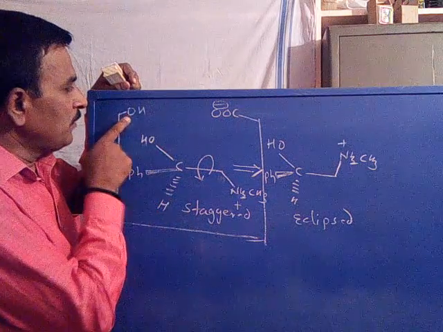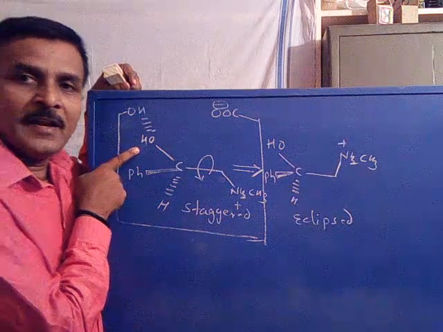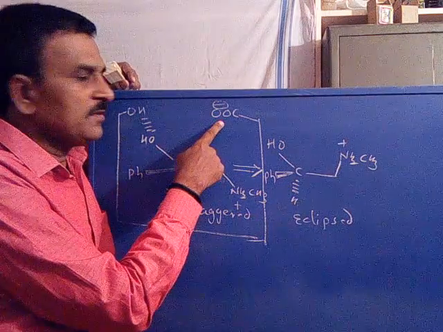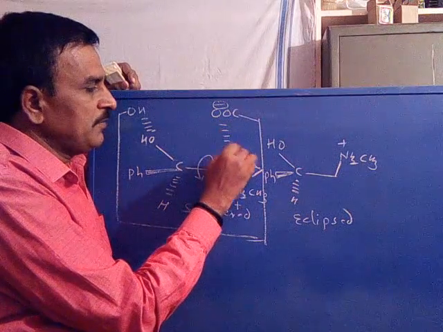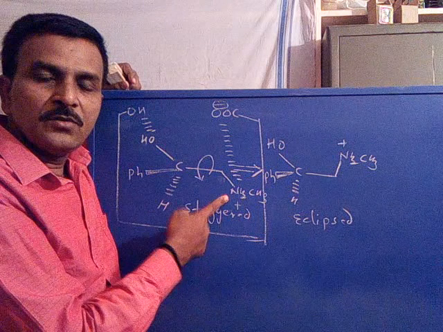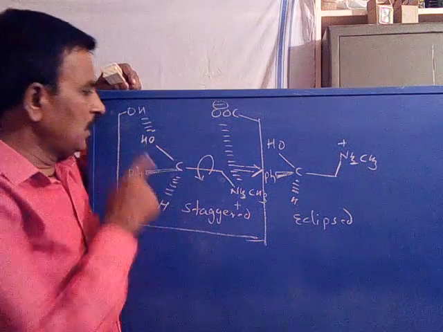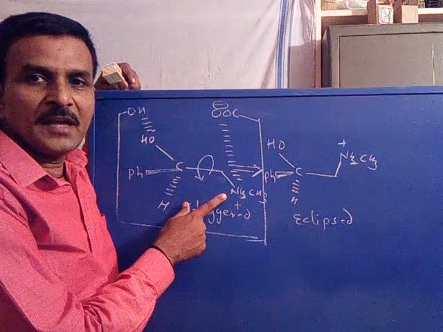The OH group is involved in hydrogen bonding with the OH present on adrenaline. Similarly, the COO minus group is involved in the ionic interaction with the NH2 plus group. So these are the binding interactions: one is hydrogen bonding, the other one is ionic interaction.